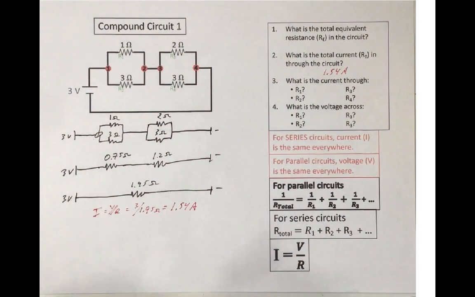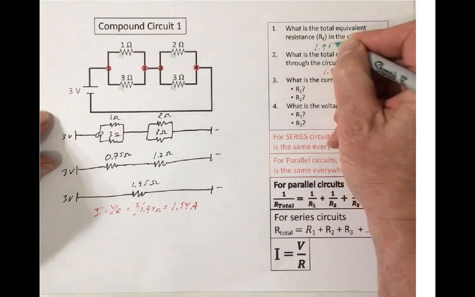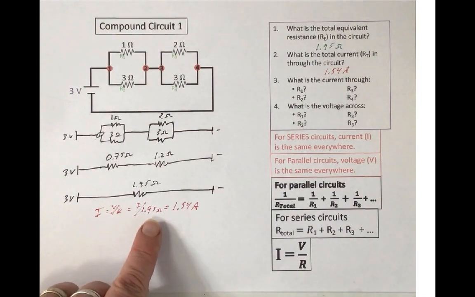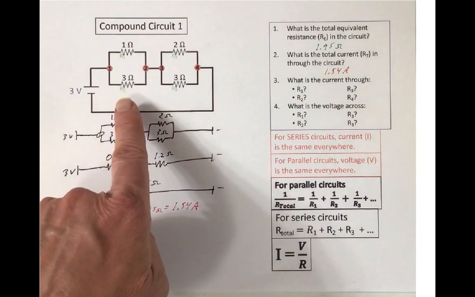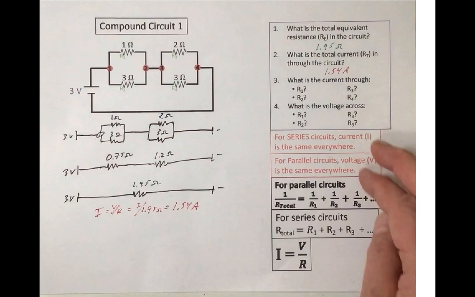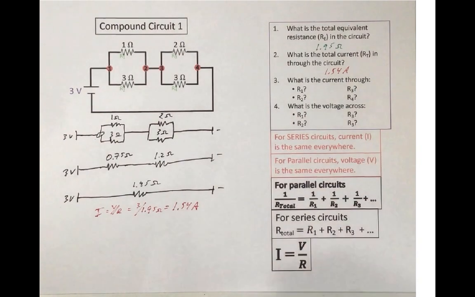I know that my total resistance, I already figured that out, is 1.95 ohms. And my total voltage is 3 volts. Now what I get to do is I get to go backwards up through the circuits to find out what the current and the voltage is at each and every one of these little resistors. This is where these two rules come in: for series circuits, current is the same, for parallel, voltage is the same.